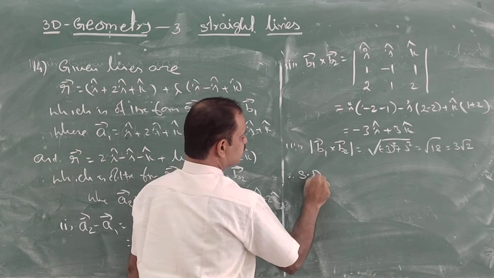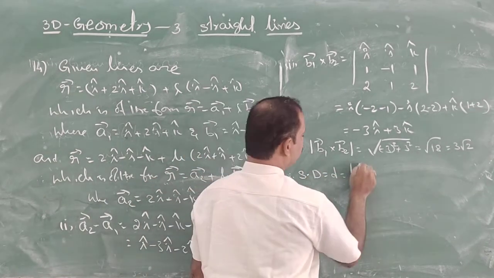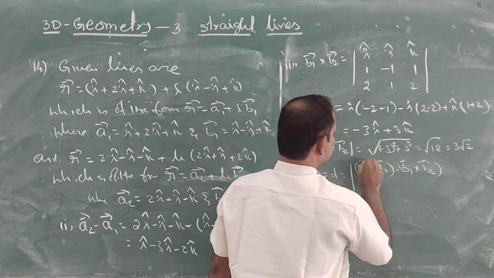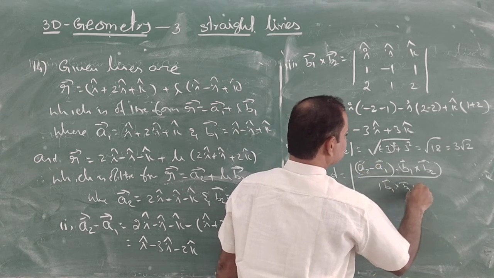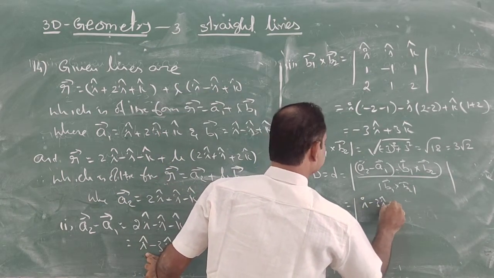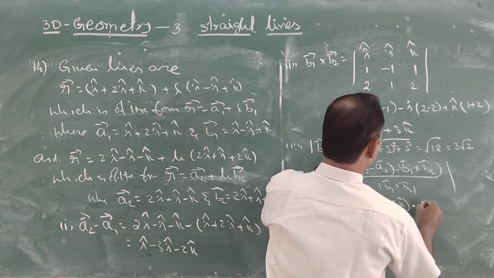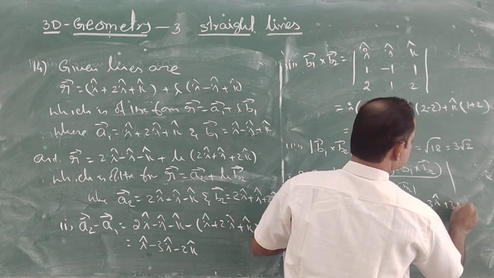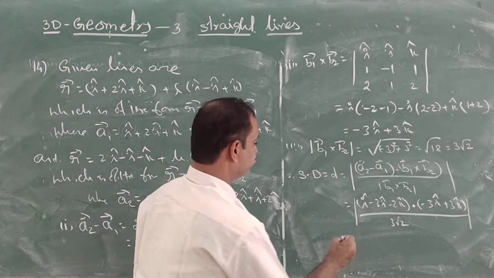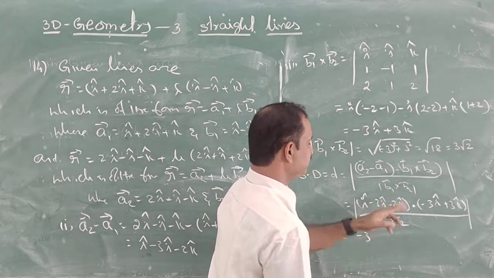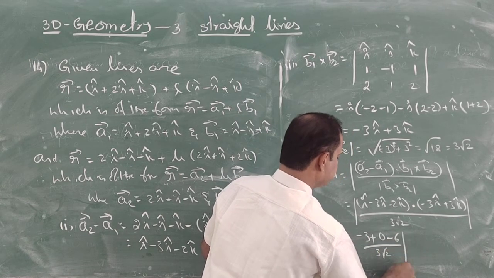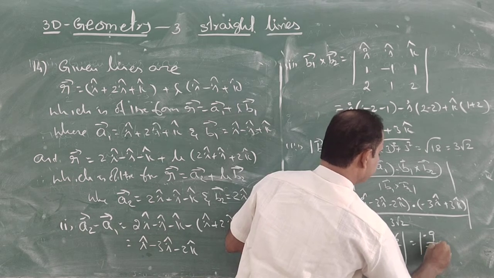Therefore, shortest distance D is equals to modulus of a2 minus a1 dot b1 cross b2 by magnitude of b1 cross b2, that is equals to a2 minus a1 is i minus 3j minus 2k dot minus 3i plus 3k by magnitude of b1 cross b2, which is 3 root 2, which is equals to 1 into minus 3 plus 0, that is 0, minus 2 into minus 3, minus 6 by 3 root 2, which is equals to minus 9 by 3 root 2.